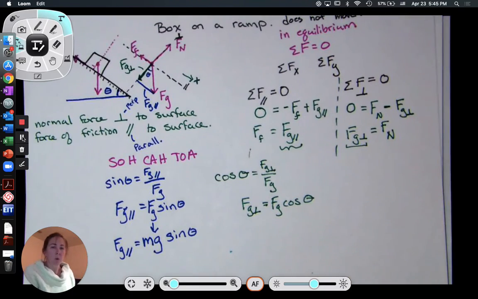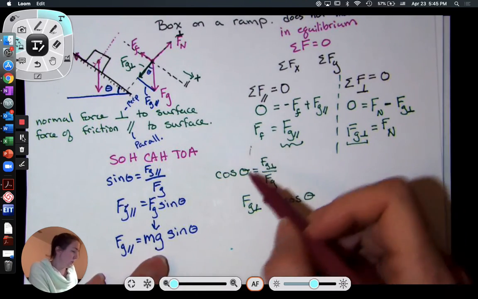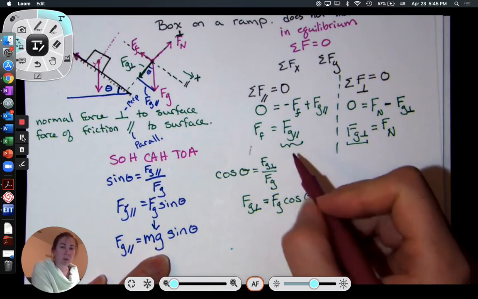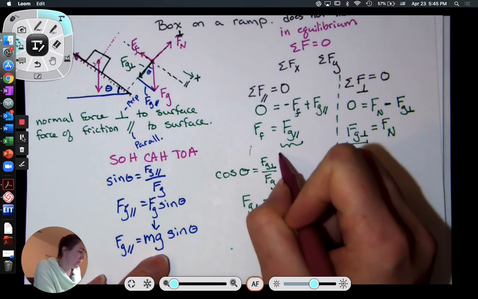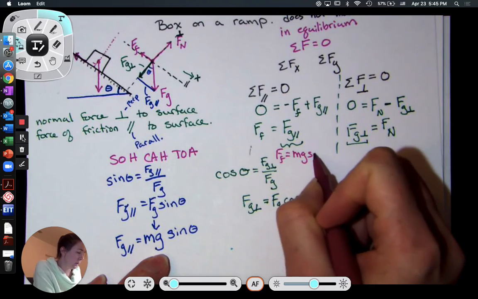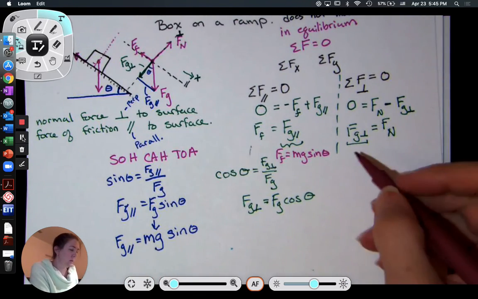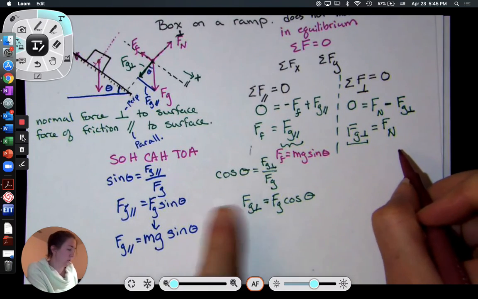And so when we come back into here, if I ask you what is the force of friction, well, that's just going to be equal to Fg parallel. So the force of friction is mg sine theta. And if I ask you what is the normal force, well, the normal force is just the perpendicular part.